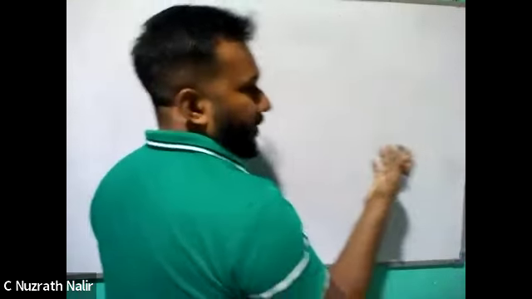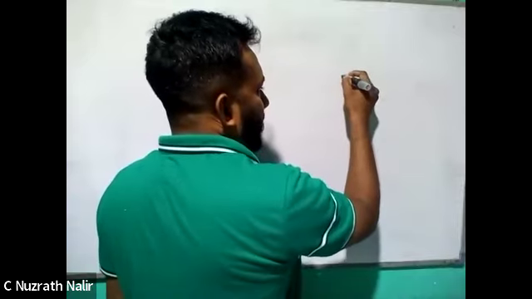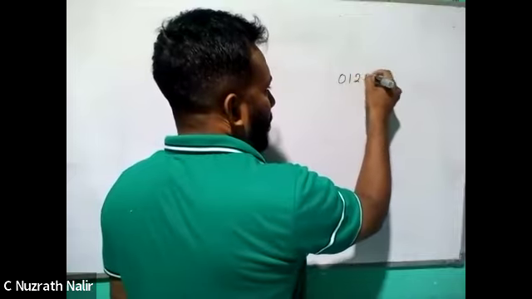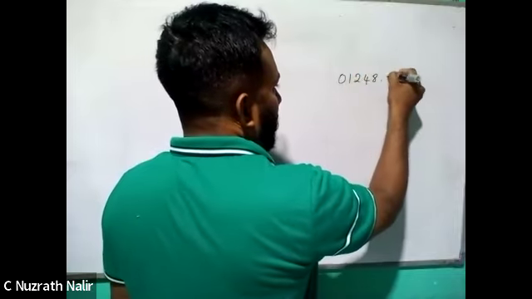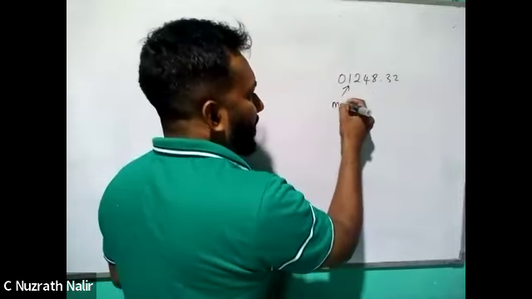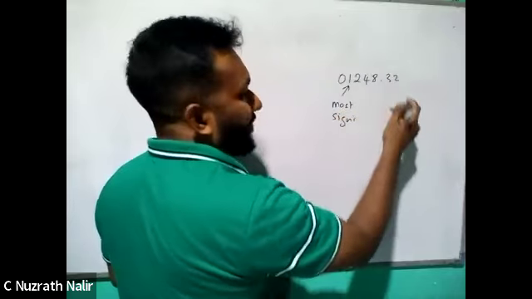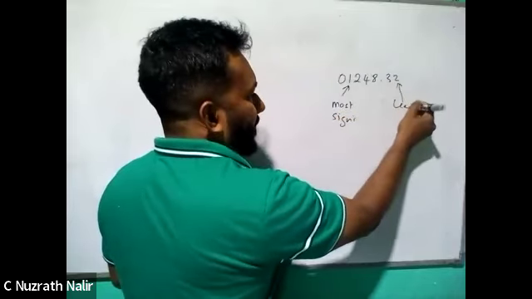You know the most significant and the least significant. For example, with the values 1, 2, 4, 8, 32, here this is called the most significant, and the lowest value is called the least significant.